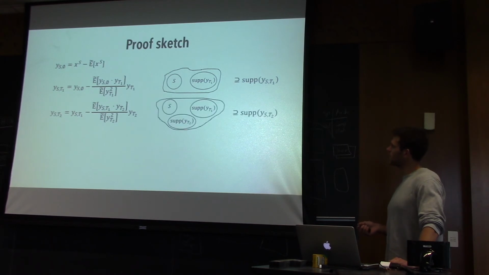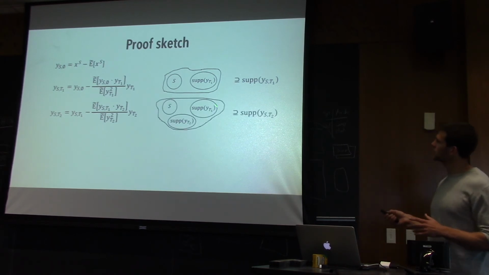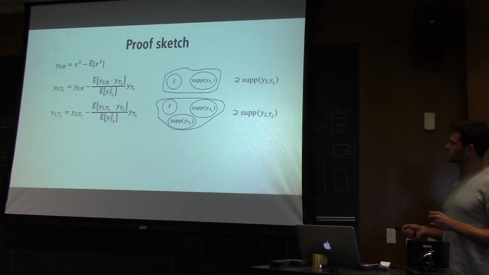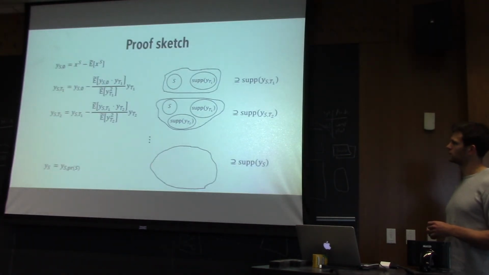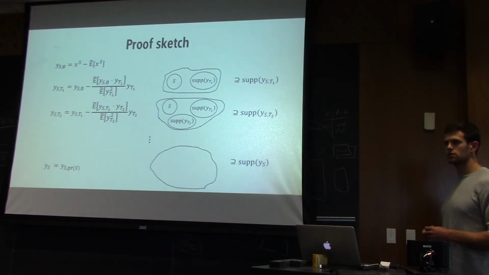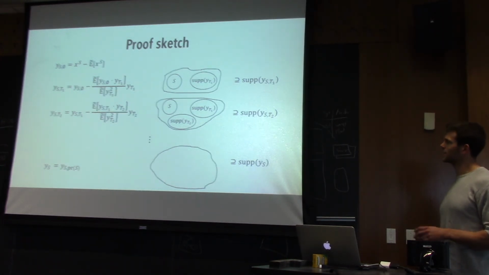Same thing happens. Now I can grow that a little bit in such a way that the whole support of this is contained in that. I still have this poorly expanding set, and I keep going like that. And in the end, I get a set that has bad expansion and contains the whole support. And so if the support were large, then this would break expansion. That's how it goes.